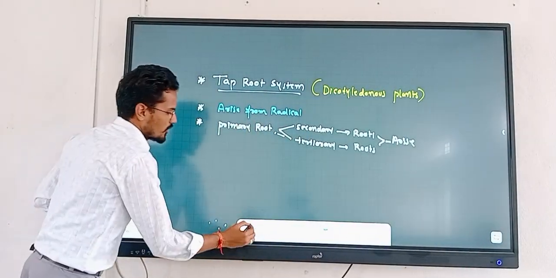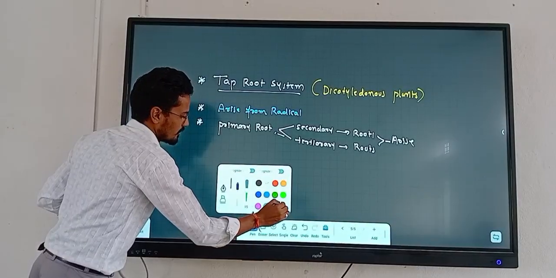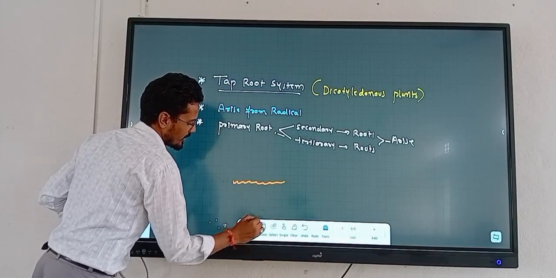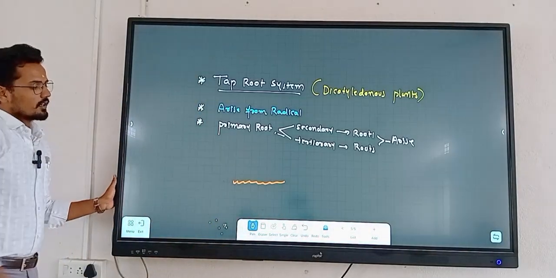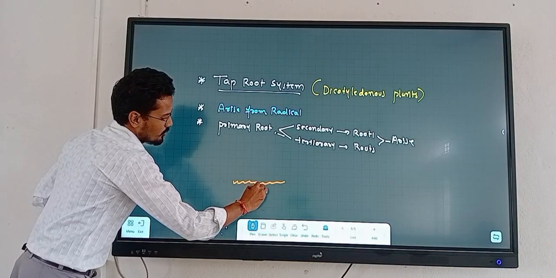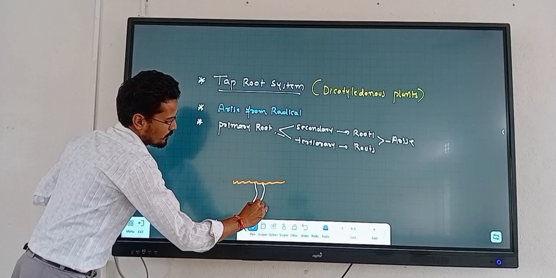When a seed starts to germinate in the soil, first a single radicle elongates to form one main root, that is the taproot system.